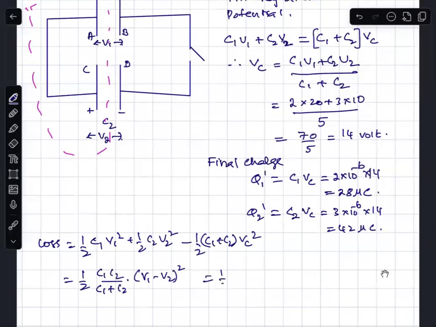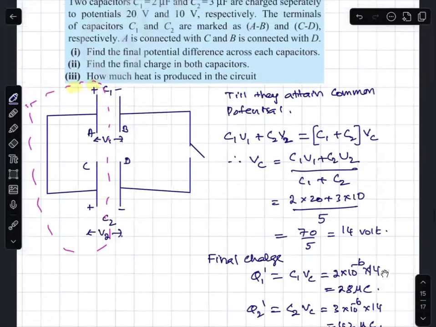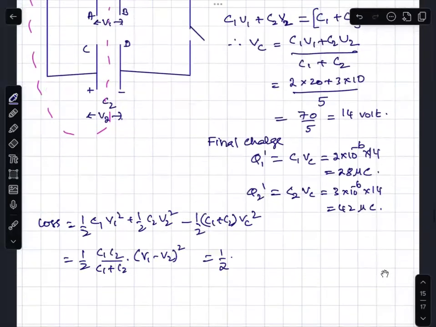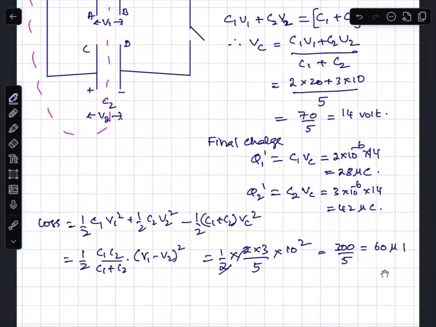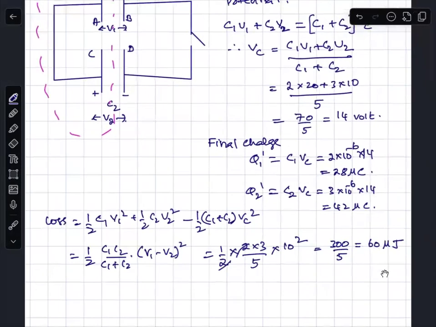So this will become half into 2 into 3 by 5 into the potential difference, 20 minus 10, 10 square. So this will be 300 by 5. How much is this? 60 microjoules. Don't forget capacitance is in the unit of micro. 60 microjoules. That is the loss.